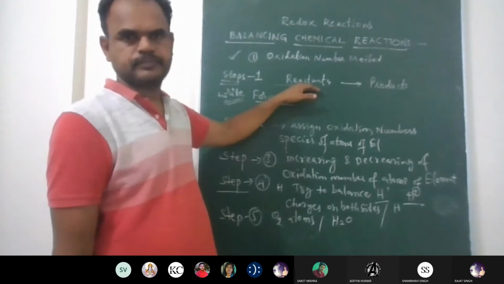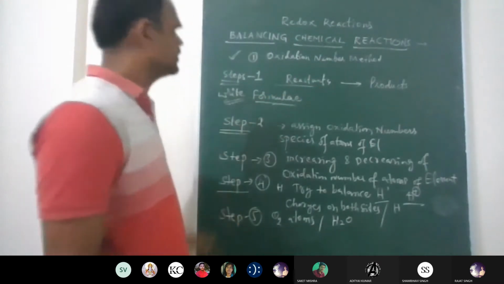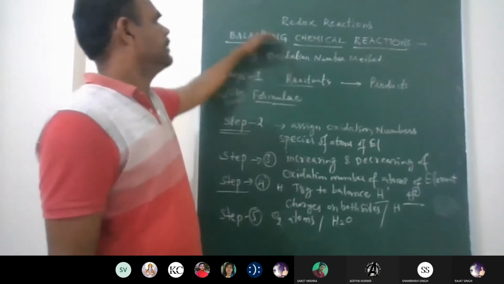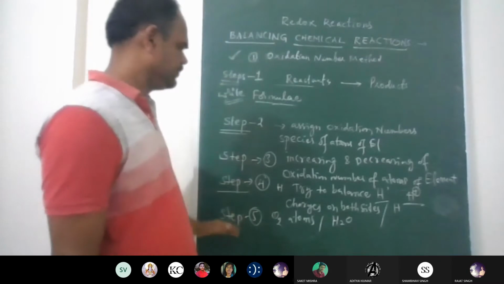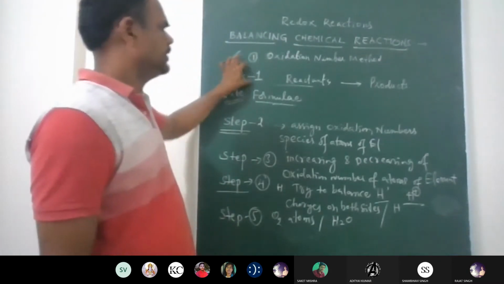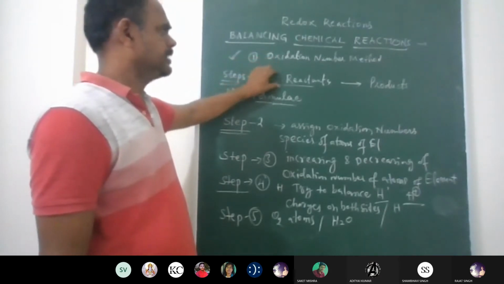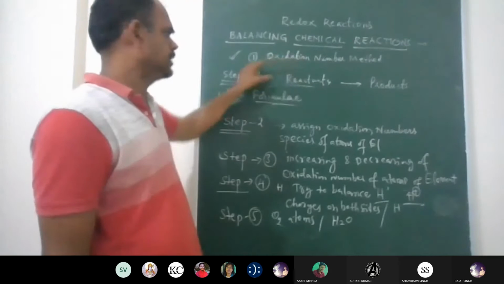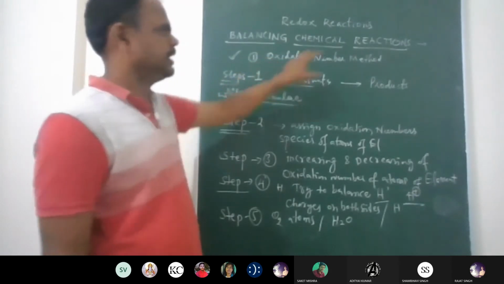Again, I am repeating. In this oxidation number method for balancing chemical reactions, there are 5 steps we follow. In step 1, for the given chemical reaction, we should write the correct formulae of the reactants and the correct formulae of the products.